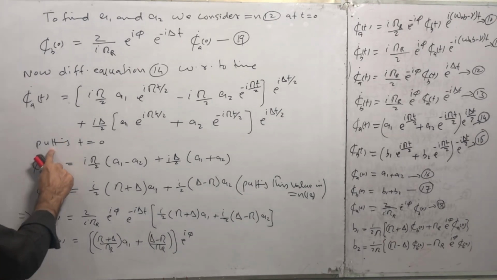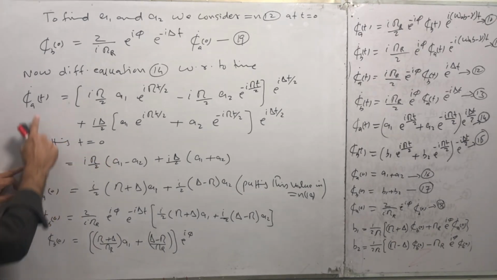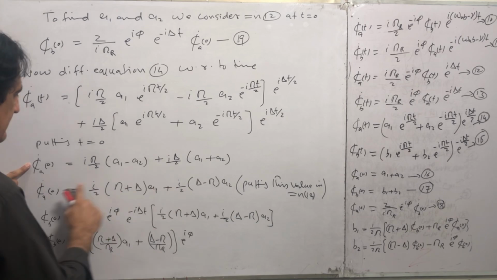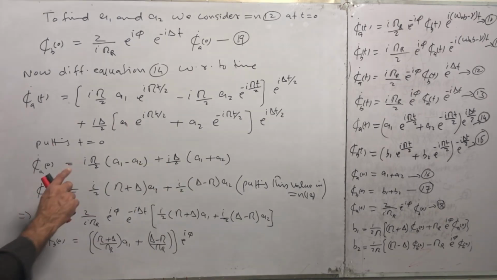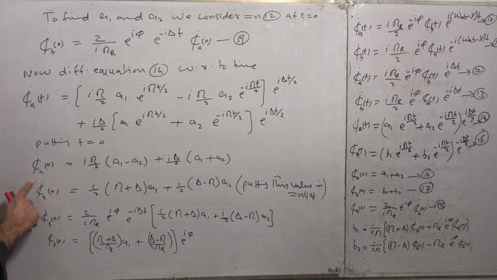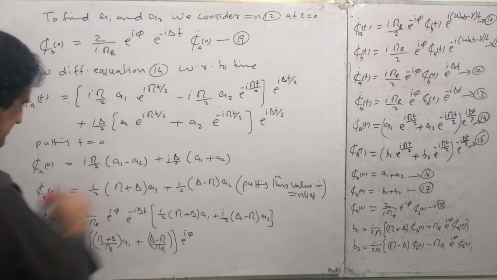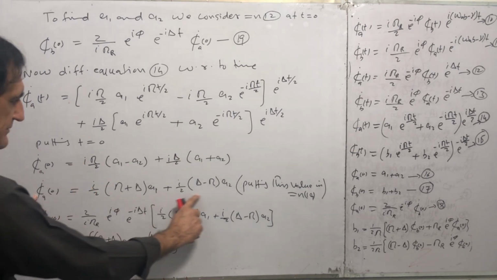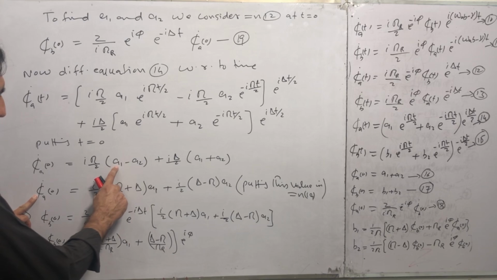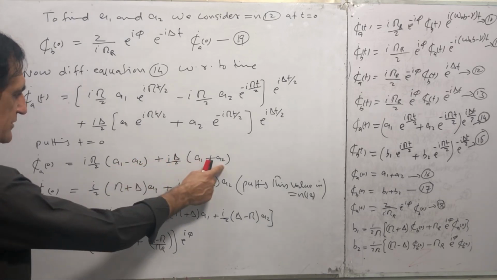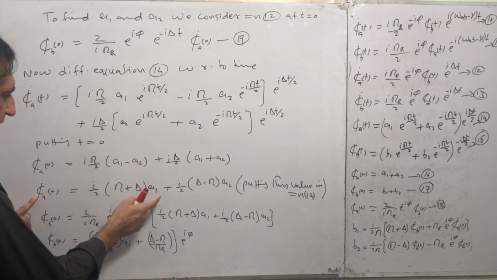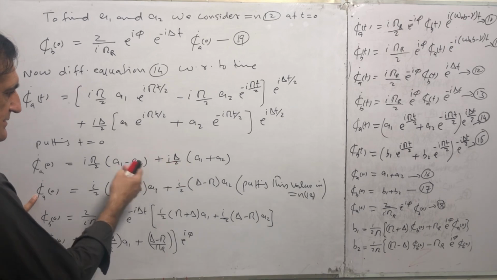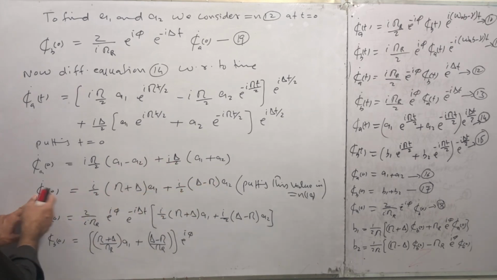Now putting the value of t equal to 0, the equation becomes like this. After some simplification, this equation becomes this, because here is A1 and A2, so we can take A1 common from this equation, and A2, so we have this equation.